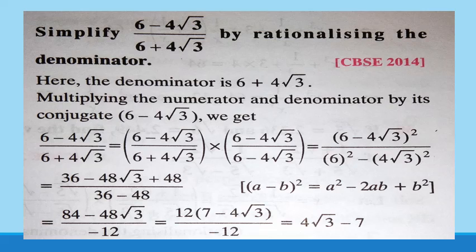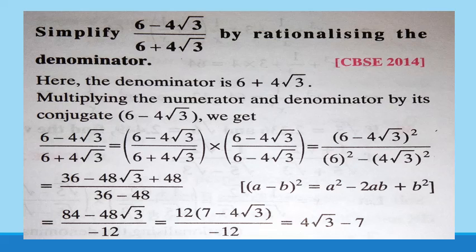Now we all are aware of the identity a minus b whole square, that is a square minus 2ab plus b square. So a square means 36, 2ab means 2 into 4 into 6 into root 3, and then plus b square means 4 root 3 whole square.